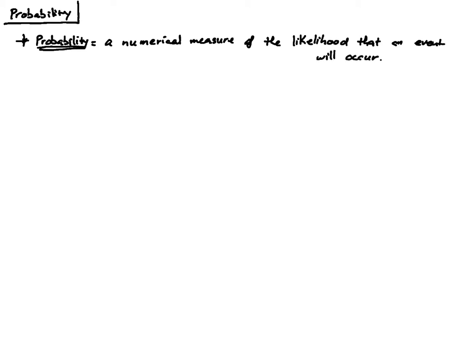Again, an example of probability, as I said earlier, is there's a 20% chance of rain tomorrow, right? So you put a numerical measure on the likelihood that it will rain. We're gonna start by defining a few more things that will help us understand probability, so bear with me.